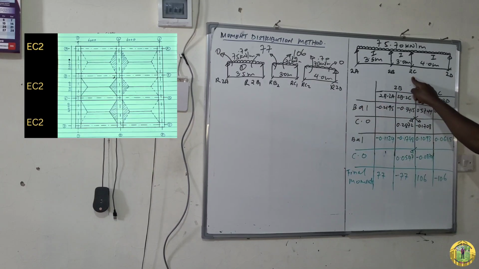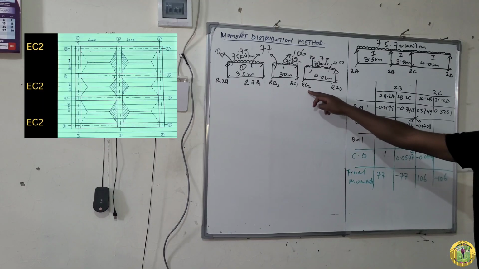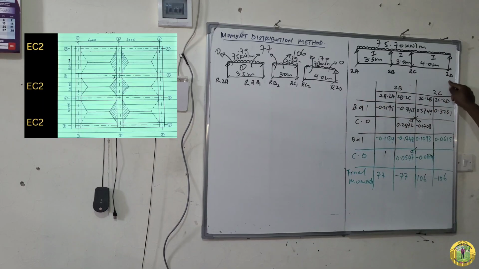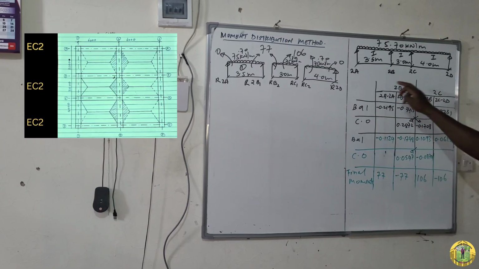And then for 2C, we'll have RC1 and RC2. But where we have only a single joint which is not common, we'll only have R2D, like for this case, and R2A for that case.